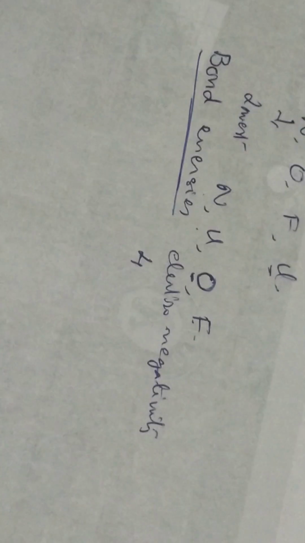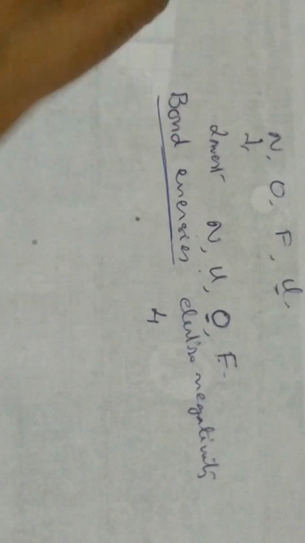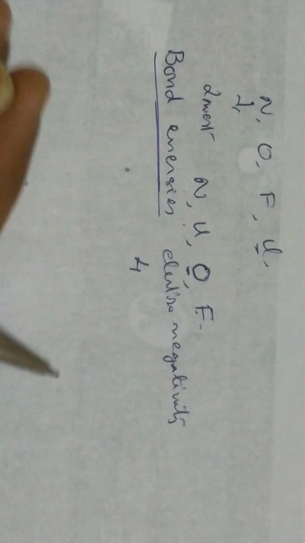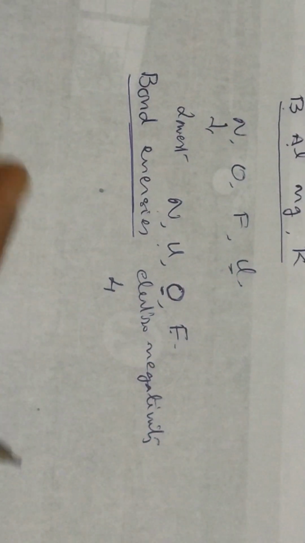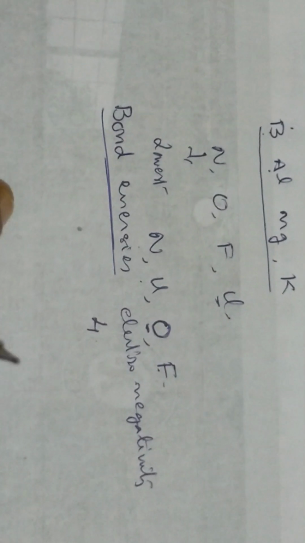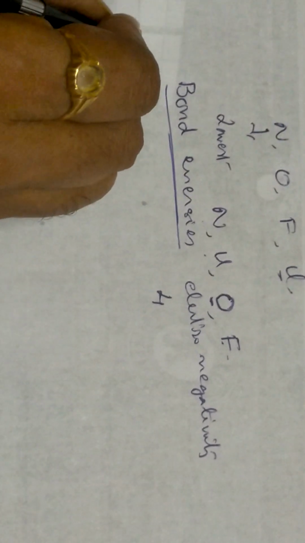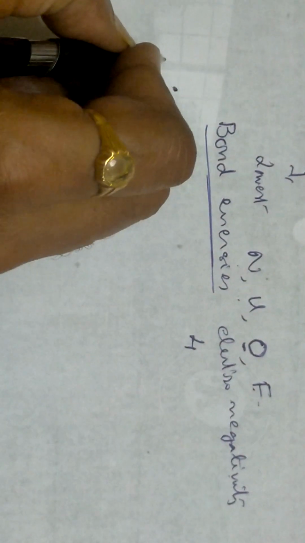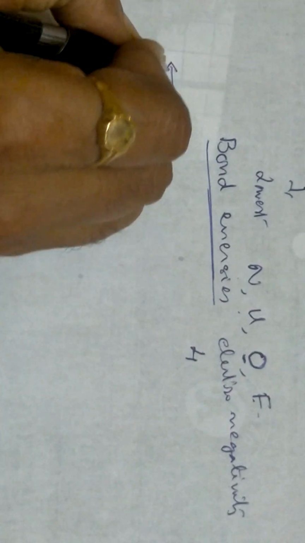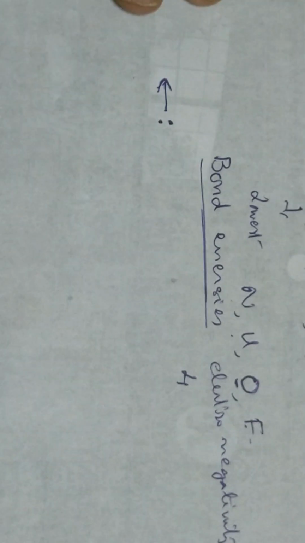Always remember. Now, what is the meaning of electronegativity? Ionization enthalpy is the energy required to remove the outermost electron. Electron gain enthalpy means by adding an electron, how much energy is released. What is electronegativity? Whenever a pair of electrons is shared after bond formation, the capacity to pull it is called electronegativity.